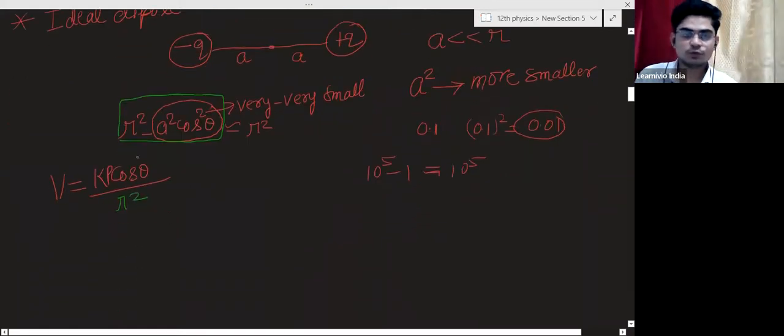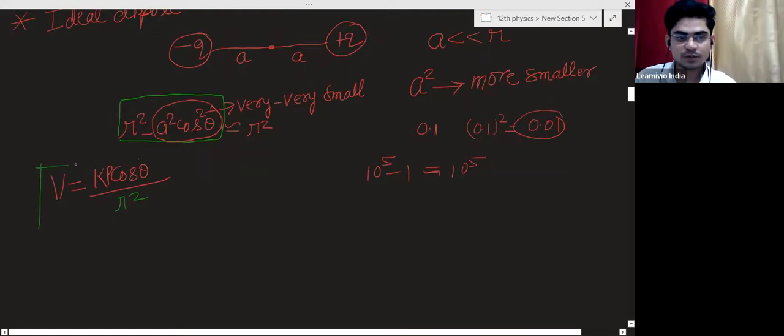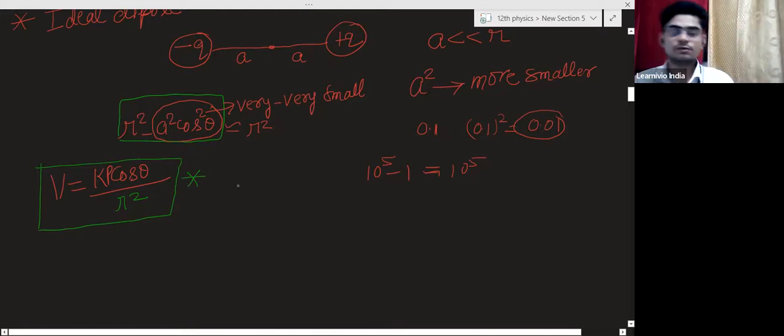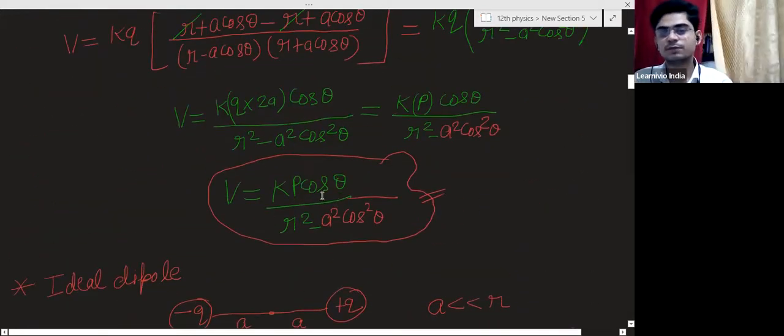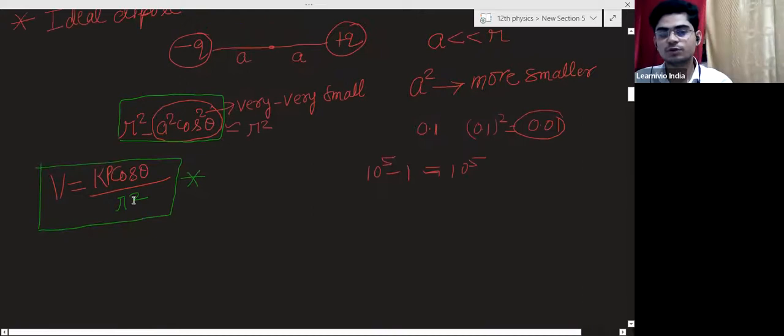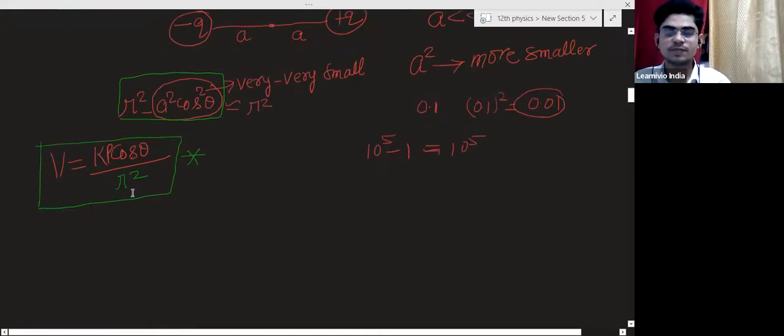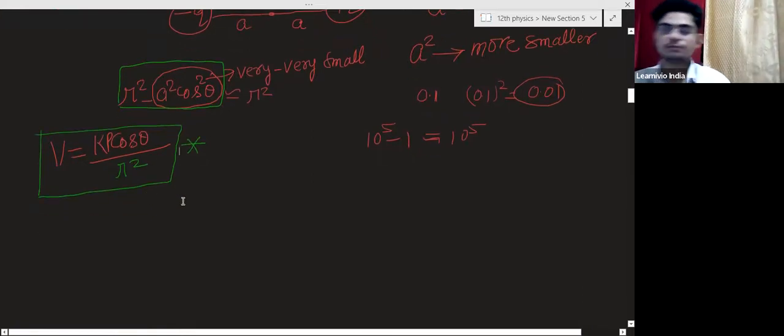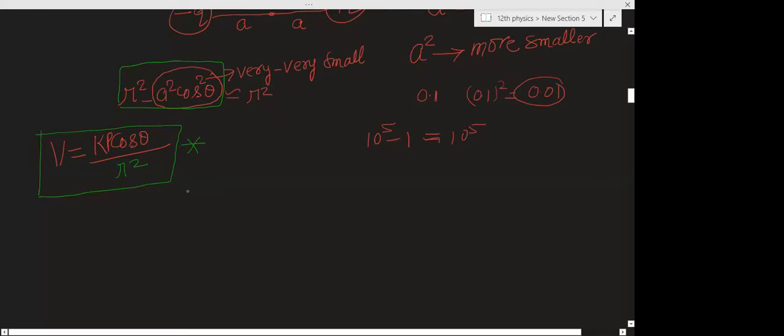So for the ideal dipole, the potential is this. You can learn this formula also because you are going to get questions from this. Very few questions will be from the other formula, and more questions will be from here.